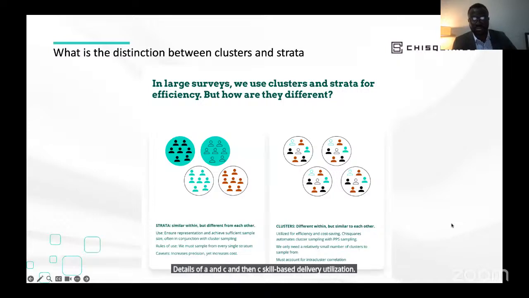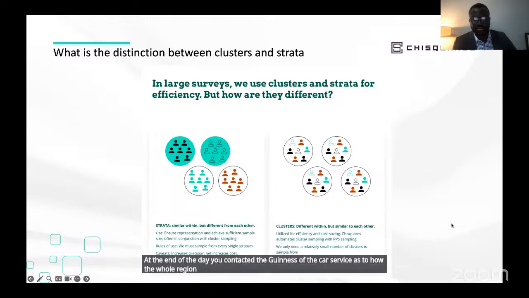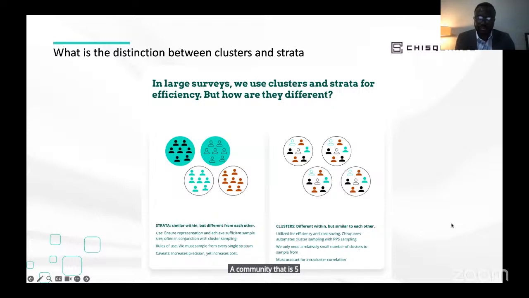But at the end of the day, you contacted the Ghana Statistical Service as to how the whole region is stratified in terms of rural and urban. And they gave you an average figure that, based on the last population survey that was done, a community that is 5,000 plus is deemed as an urban population or community.